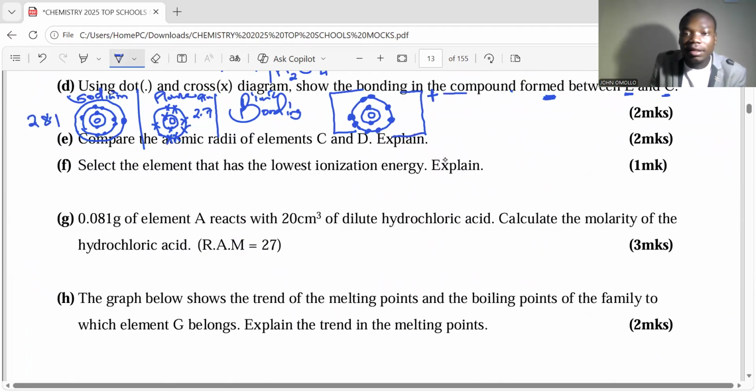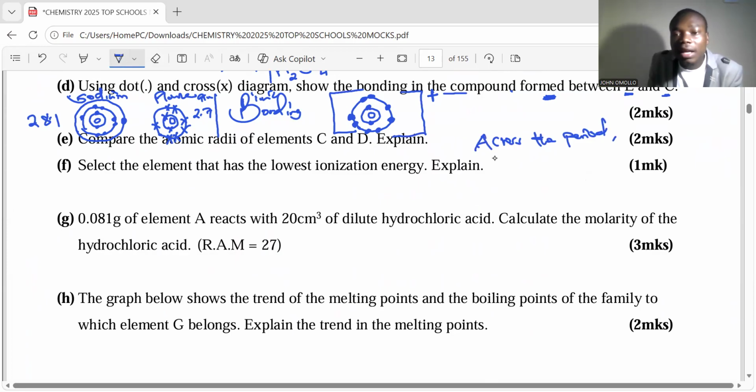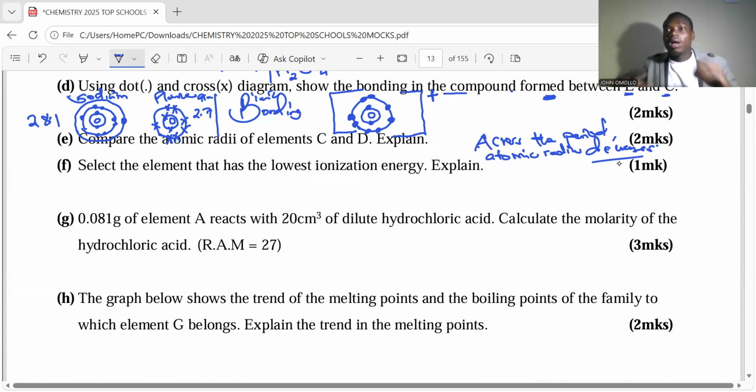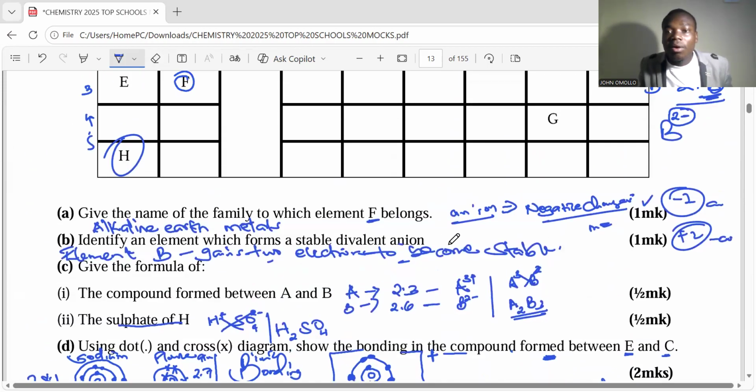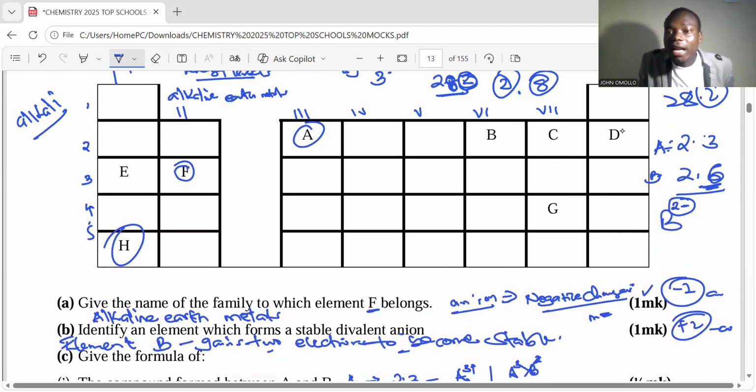So we know that across the period, the atomic radius decreases across the period. Why is the atomic radius decreasing across the period? So you realize that across the period here, 1 electron is going to be added to this element D compared to element C.